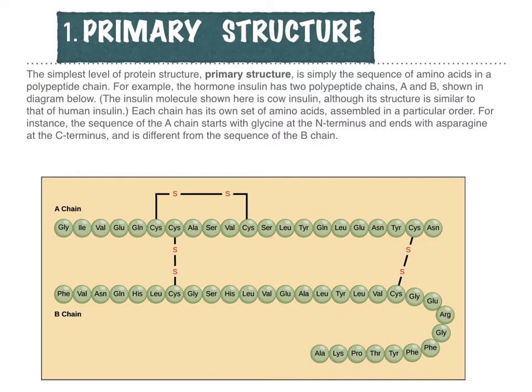Each chain has its own set of amino acids assembled in a particular order. For instance, the sequence of the A chain starts with glycine at the N terminus and ends with asparagine at the C terminus, and is different from the sequence of the B chain.